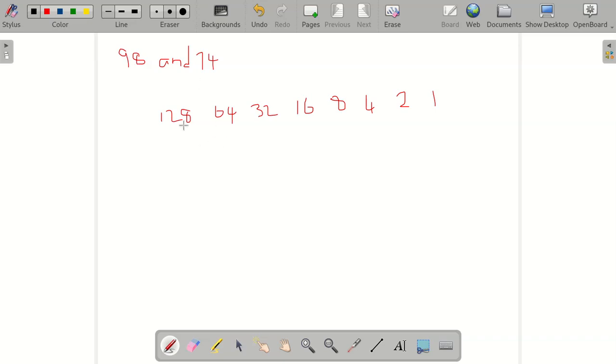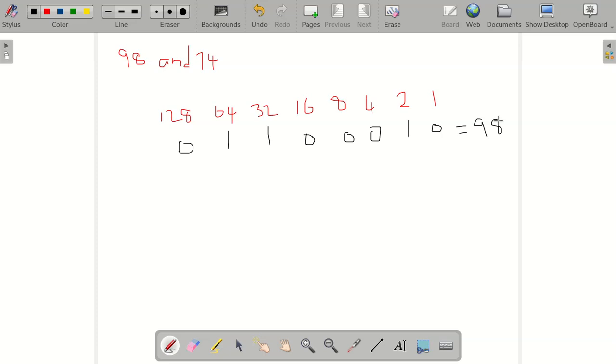For us to get 98, we say 64, plus 32, it's 96. So we have 96 plus 2, 98. So the remaining bits become 0, 0, 0, 0, and that one is 0. So here we have 98.